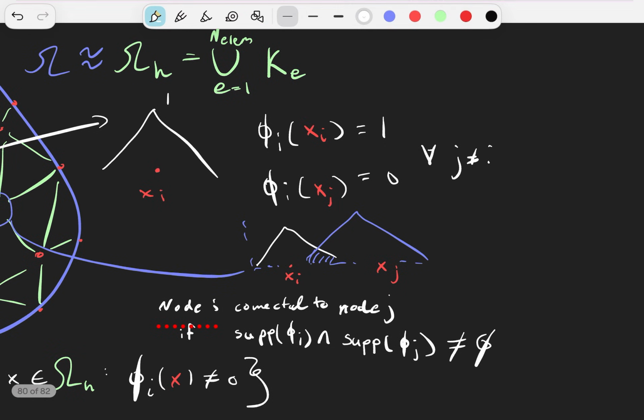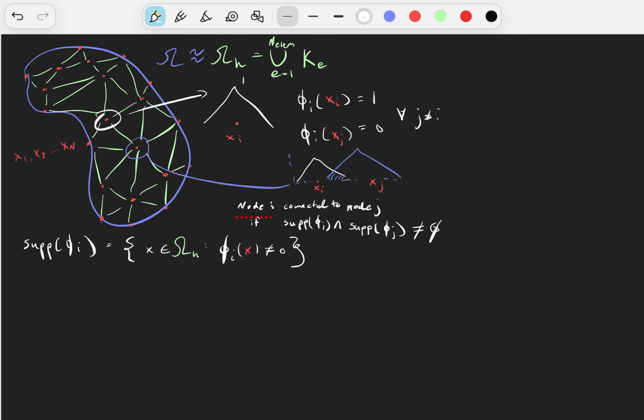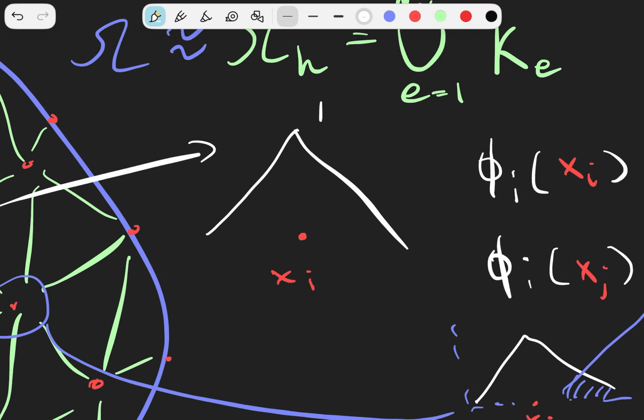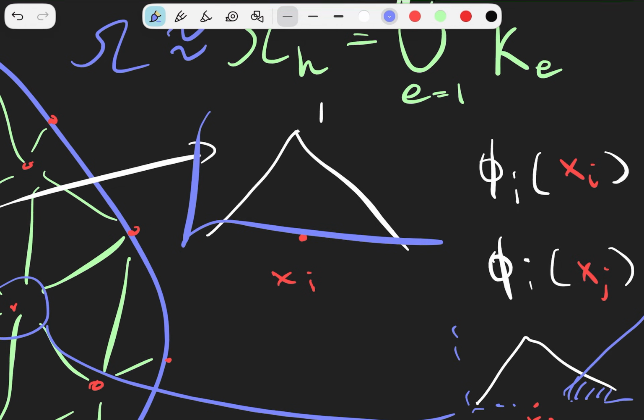We created something called a tent function, and it's really the simplest shape possible because it's 1 at its home node and 0 everywhere else.